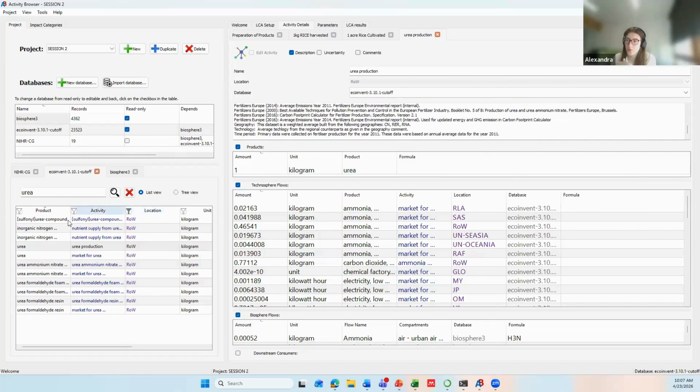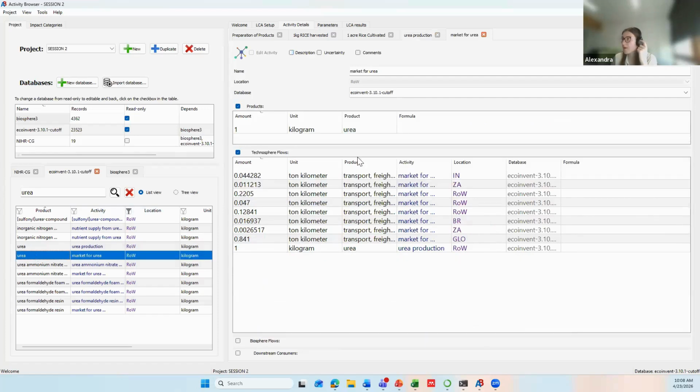If you're unsure, or it is not very specific, or there's a variety of ways that the urea you are using was produced, then I recommend you go with market for urea. This applies for any product. The majority have a urea production version and a market for the product version. If you're uncertain, it is better you go for market because it gives you a better estimate, as it gives an estimate across various countries. Here you can see that the location varies.